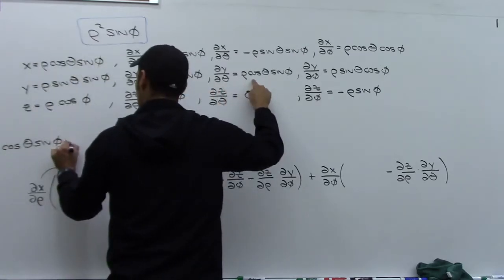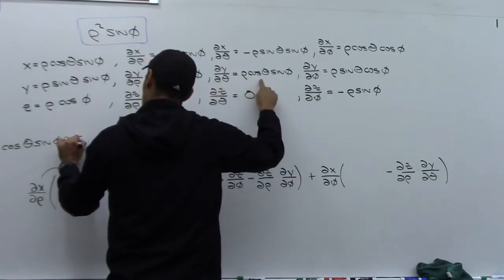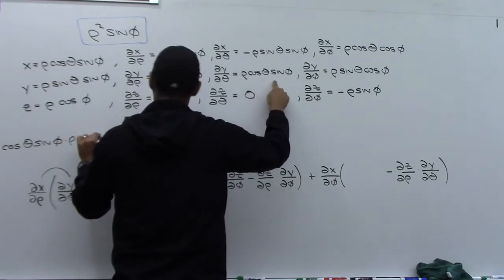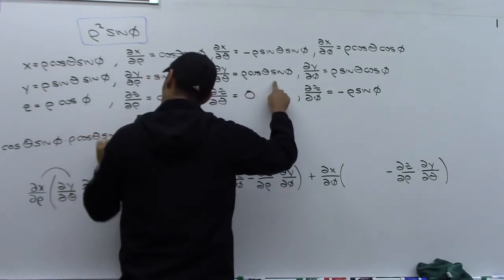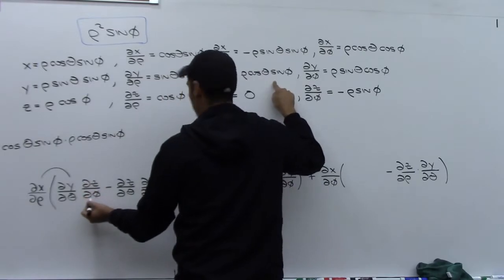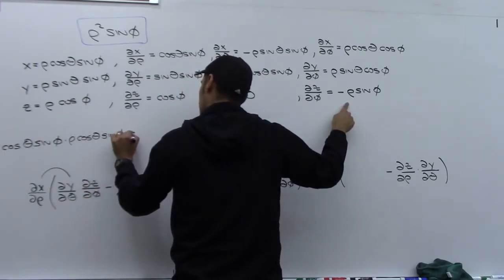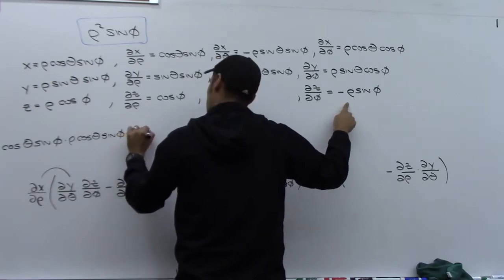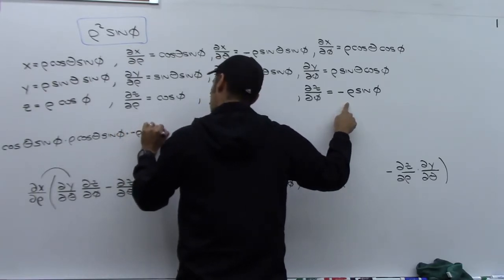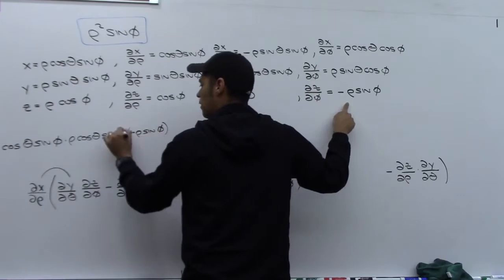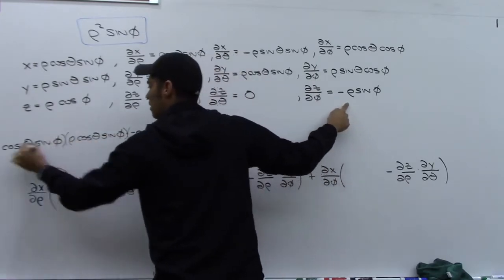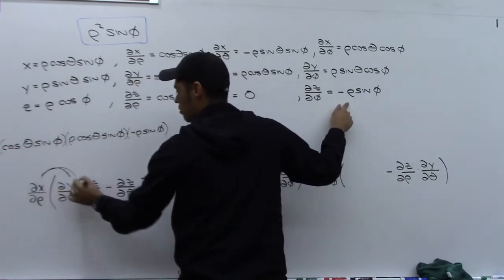So times rho cosine theta sine phi. But then this was also multiplied partial z with respect to phi, which is times negative rho sine phi. Just remember, this is all multiplied together. So it's that times that times that.